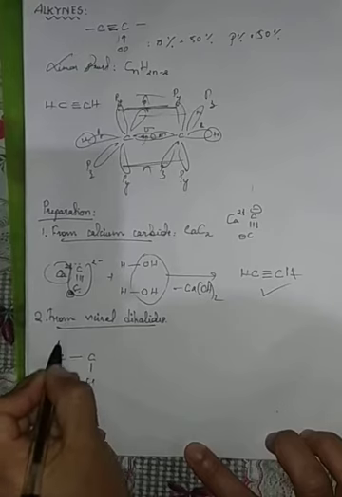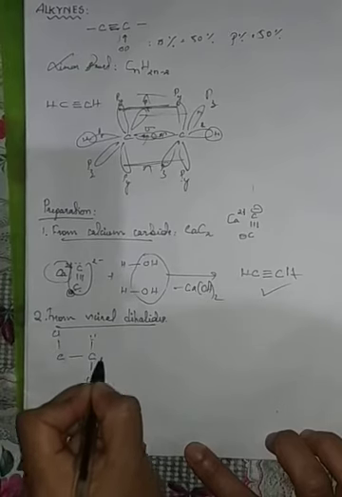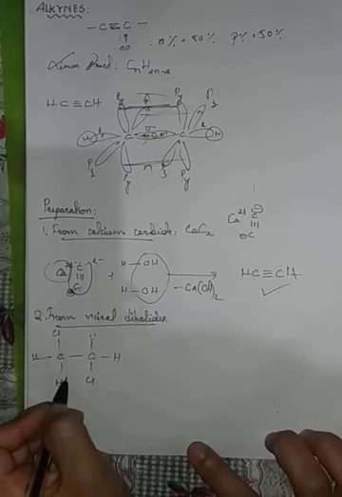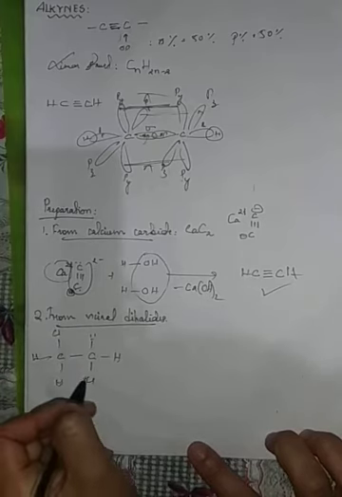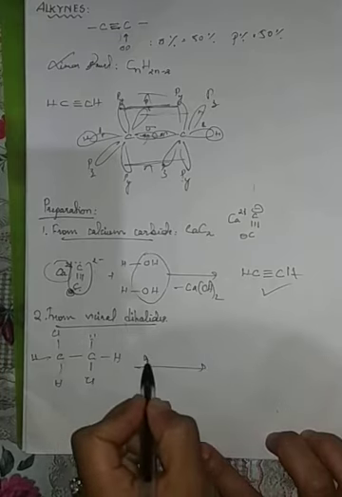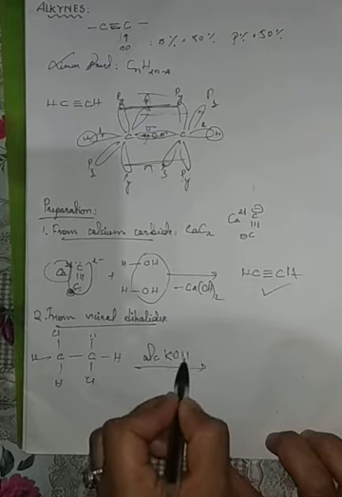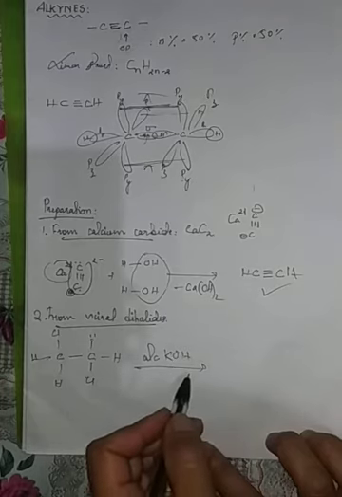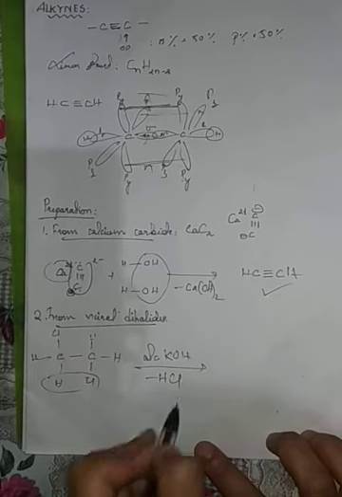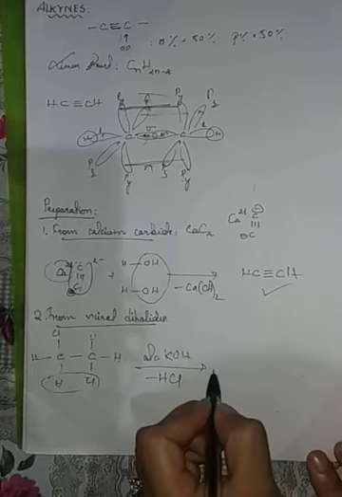This one has chlorine, this is a vicinal dihalide. The halogen atoms are bonded to different carbon atoms. Now, if it reacts with alcoholic potassium hydroxide, there is removal of HCl. HCl is removed by this base.